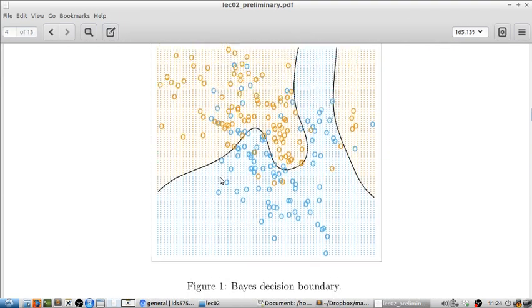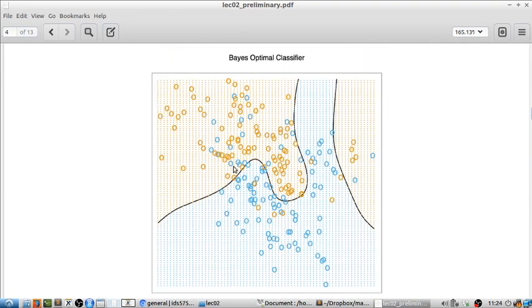And there's a nice picture. This is for the same 2D data that we saw last time. This is the Bayes classifier. It's going all over the place, but this is the best classifier given the joint distribution of this data. They generated the data, so they knew the joint distribution. At every point they figured out whether it's cat or not cat, in this case orange or blue, and they connected those dots.